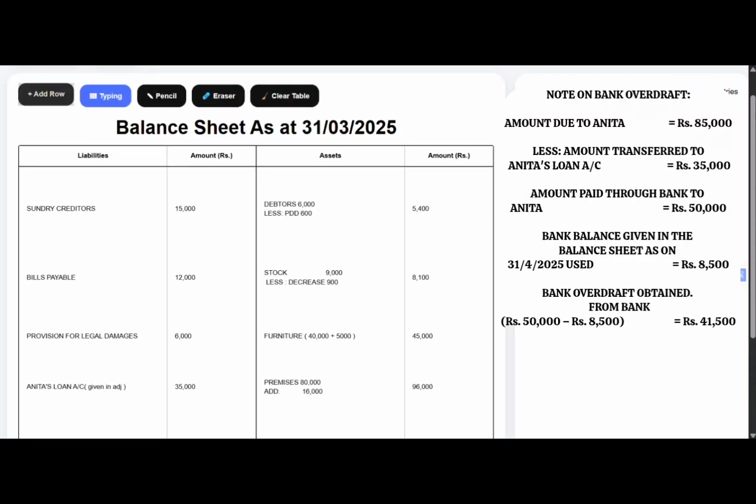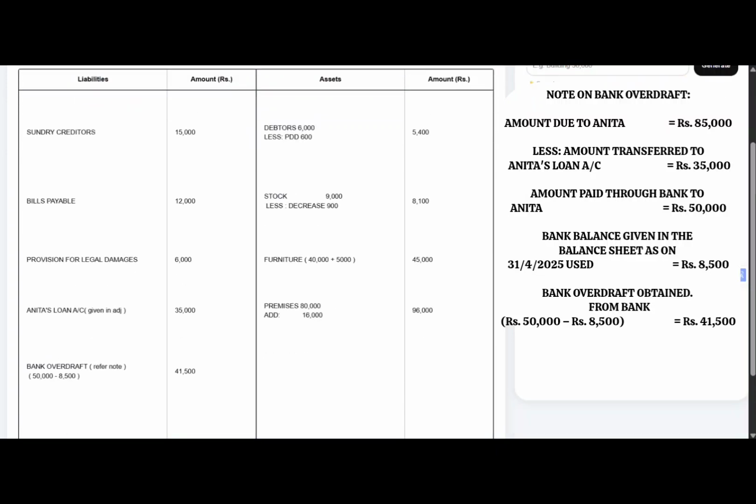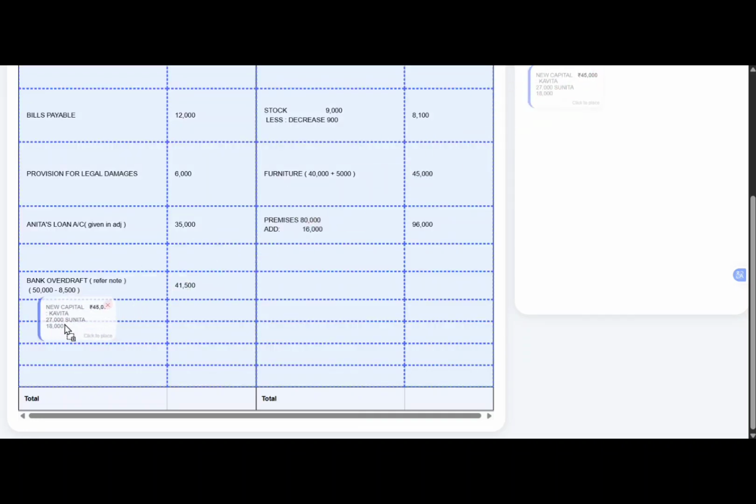Now we have to record the capitals of the continuing partners. That is the capital of Kavita and Sunita, which we are going to record on the liability side. That is the new capital, which we got as the balance from the capital account. Kavita is 27,000 and Sunita is 18,000.